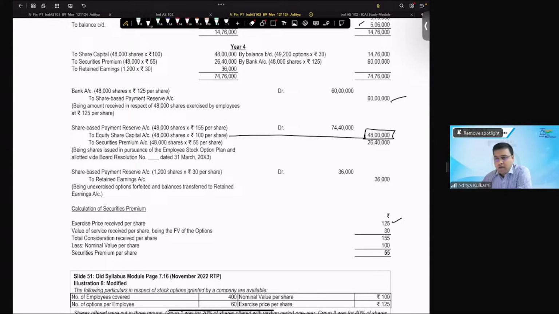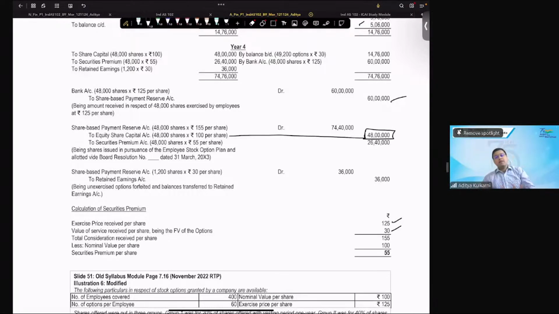I have also received 30 rupees, but that is in kind, not in cash. Is it okay? Sir, how did it become kind? What kind did the employees give? Service.